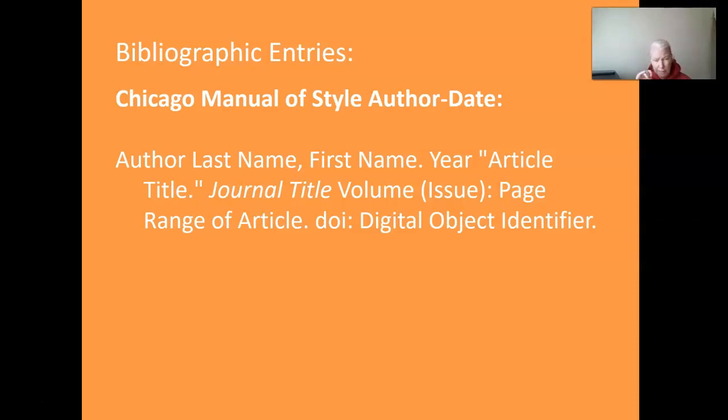Again, you've got all the information you need about how to follow this format through those guides that are linked in D2L. So make sure you review that if you haven't already, and please do use this style on all subsequent assignments, right?